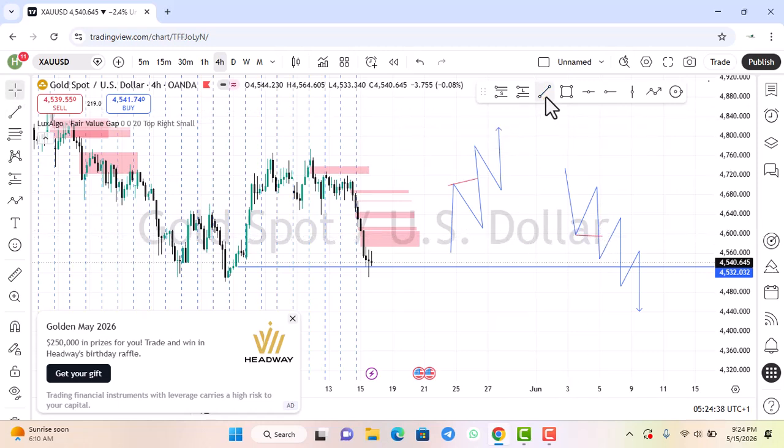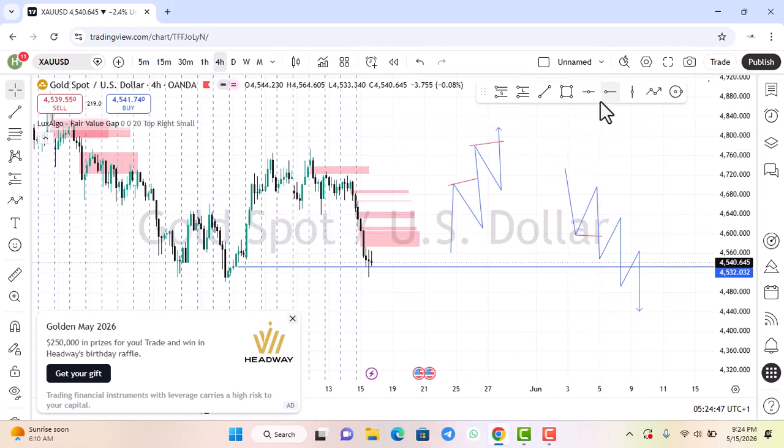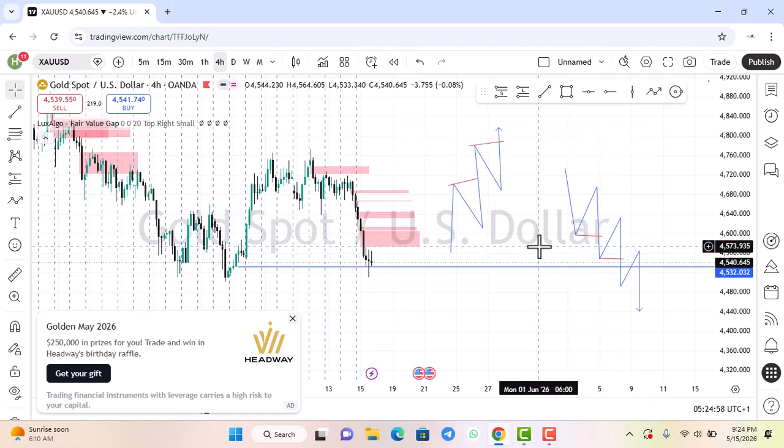So this is what we call break of structure. This is what we call break of structure. So for the market to continue moving in the same direction, it must break a structure. And the structure is the previous high or previous low.